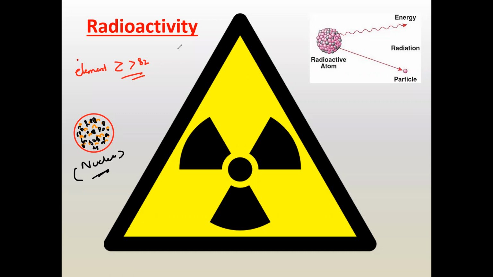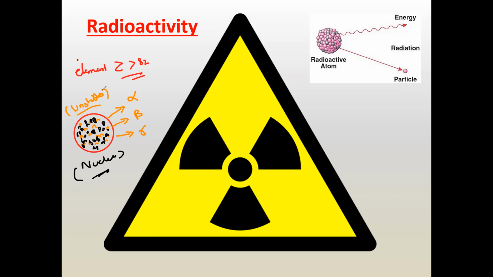When the nucleus is emitting these particles, it can emit in three ways. One is known as alpha, another is beta, and the third is gamma. So emission of radioactive radiation or particles from unstable nuclei due to the large number of nucleons.